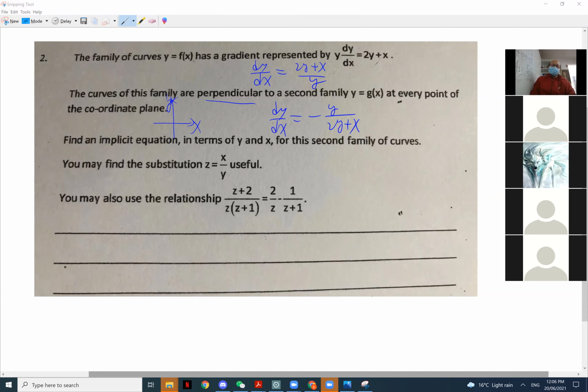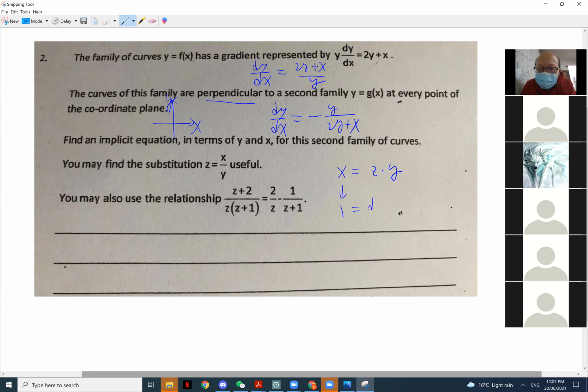Now they told you z equals x over y, which means x equals zy. Now let's check implicit differentiation. 1 dz/dx times y, dy/dx.